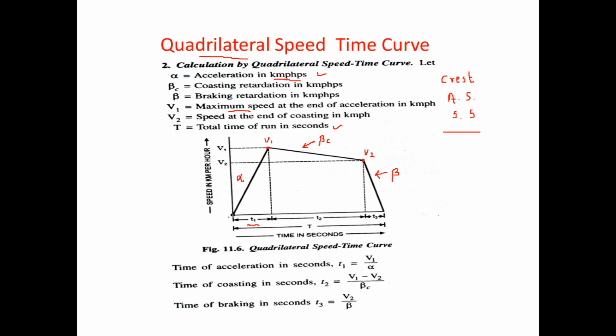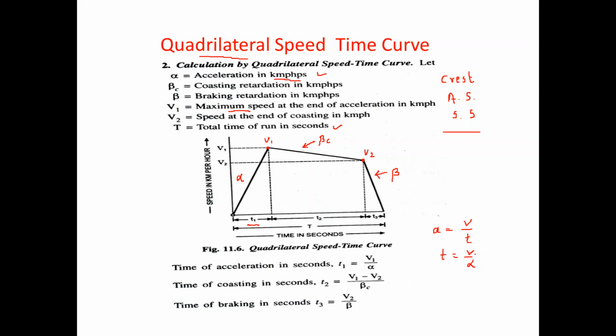v1 speed? During this acceleration, as we have seen, the equation for acceleration is equal to v by t. It is actually dv by dt, but for linear motion, we can write it as v by t. So time t is v by alpha.